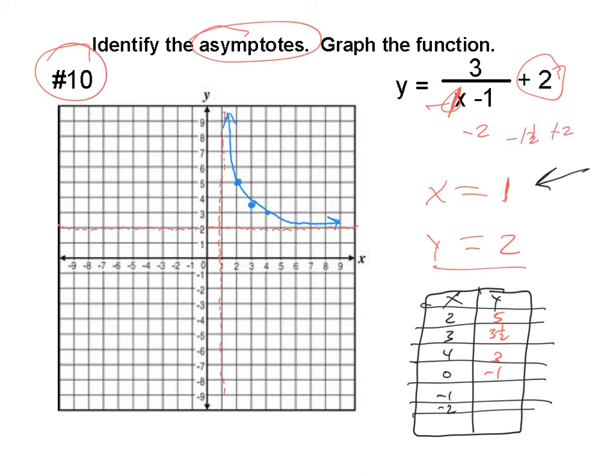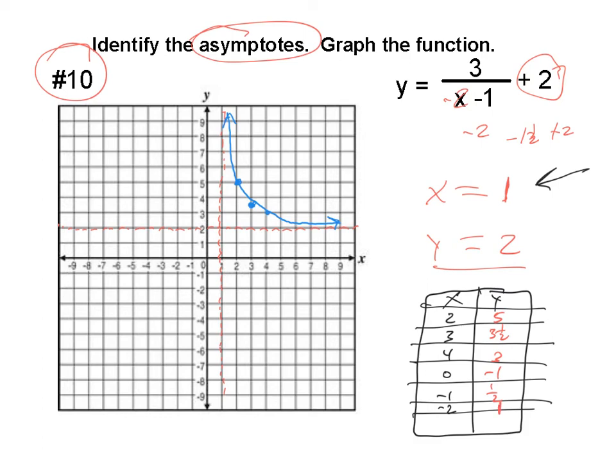Plus 2. So that would be what? Just positive 1/2, right? Now let's put a -2 into our equation. So if I slide a -2 right here, -2 take away 1 would be -3. 3 divided by -3 would be -1 plus 2 is 1.